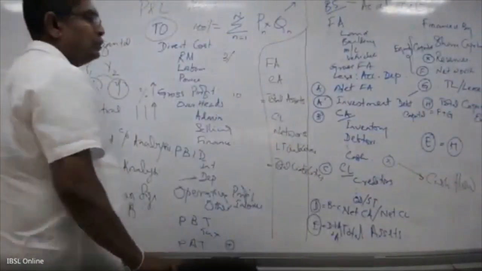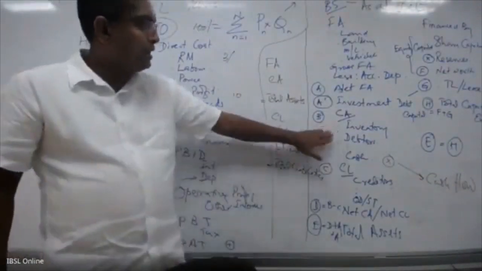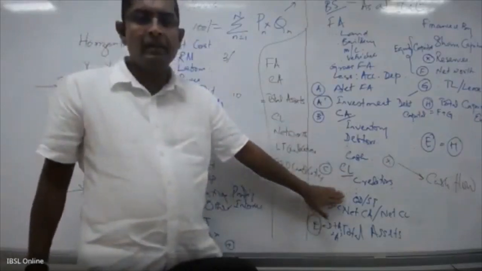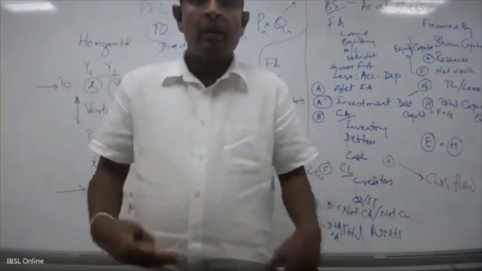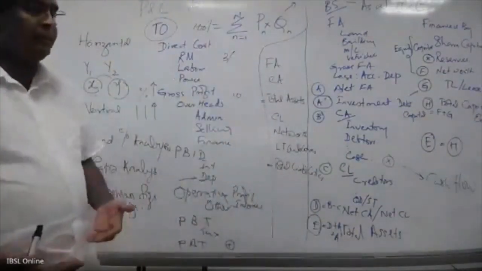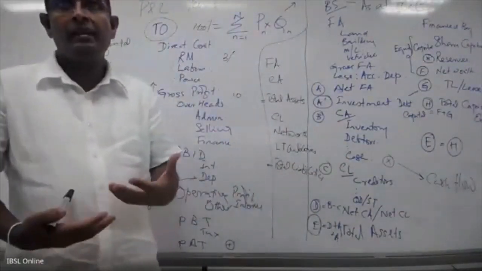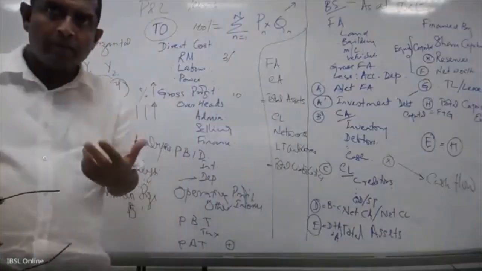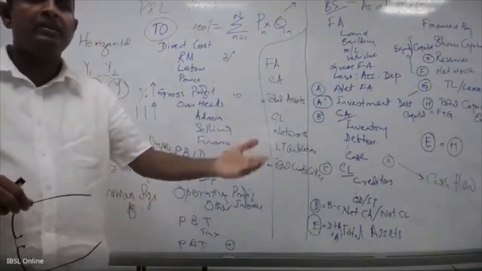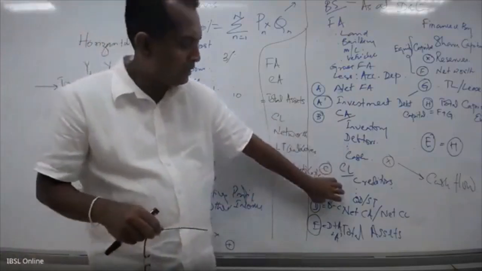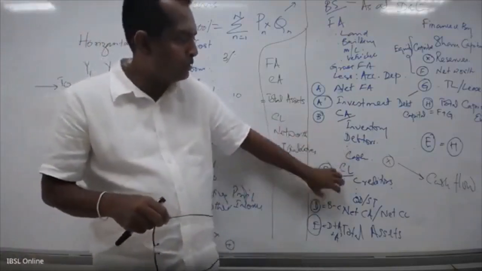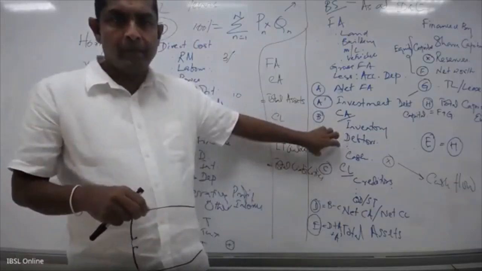All the ratios calculated using current assets and current liabilities are liquidity ratios. Day-to-day funds, working capital, that is liquidity. Liquidity is the funding requirement for the day-to-day operations of the business. That is the working capital. So when you are calculating liquidity ratios, you use this one.